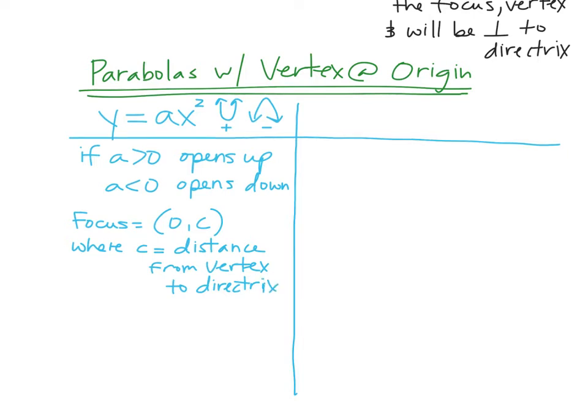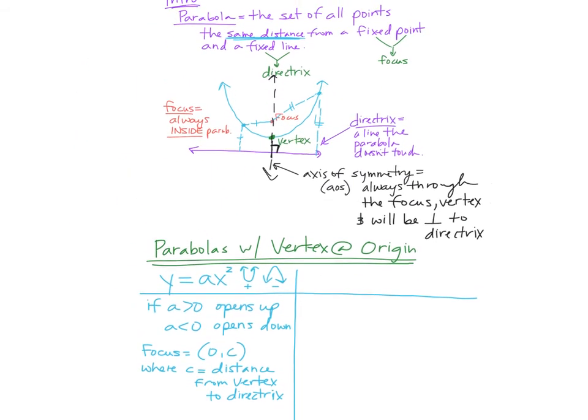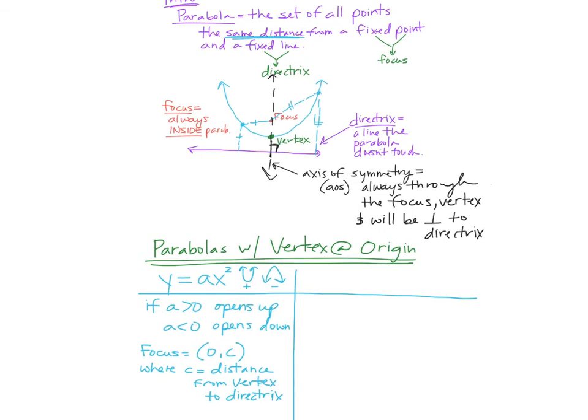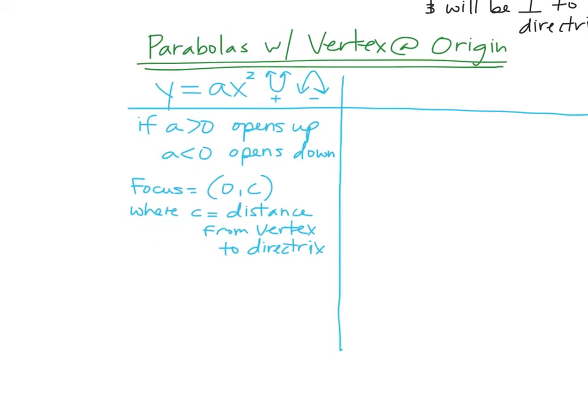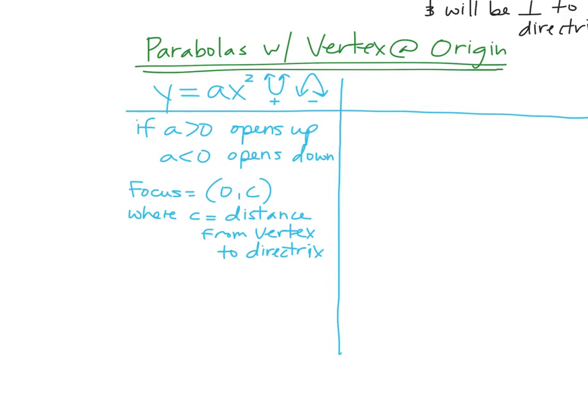Okay, C is going to be the distance from the vertex to the directrix. If you look up here, we're talking about this right here. That's our C. Okay, and that will make more sense in a little bit when we start doing some of these.